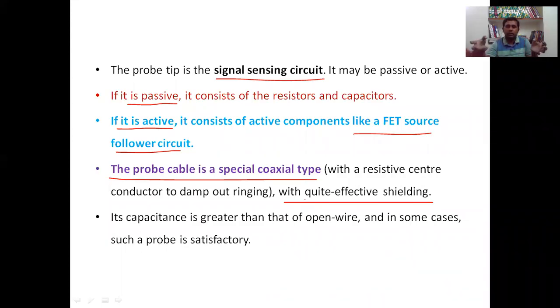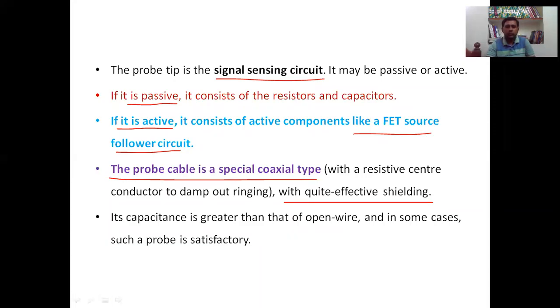There may be a lot of interferences, so to avoid them, this entire cable is shielded. It carries the signal as it is, without adding noise, amplifying or attenuating the signal before connecting to the CRO. So that's why it needs shielding, right?